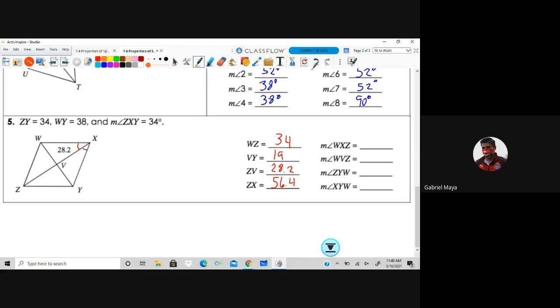Michael, yeah, you got it. It's 34. Why is it 34? Because this is congruent to this. Remember, the diagonals bisect. If ZXY is 34, therefore this one has also got to be 34.